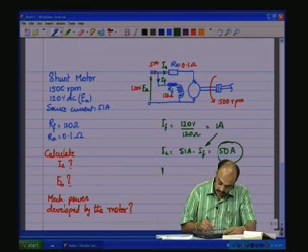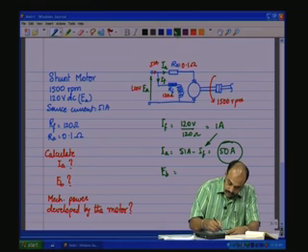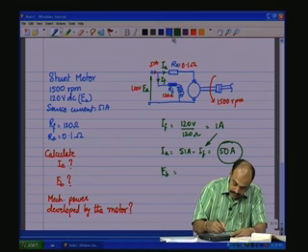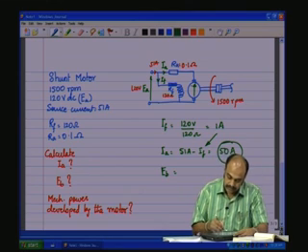Now, what is EB? EB is the back EMF, which is across the brushes.